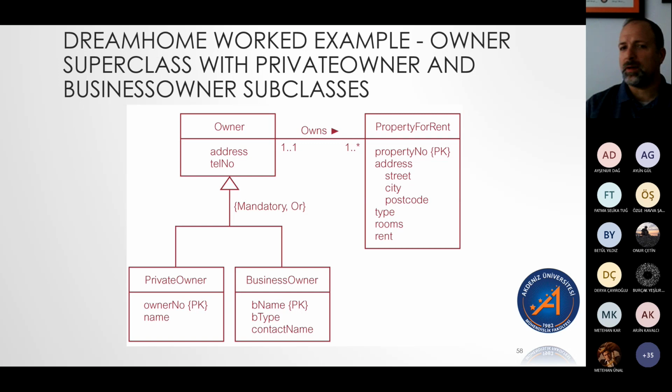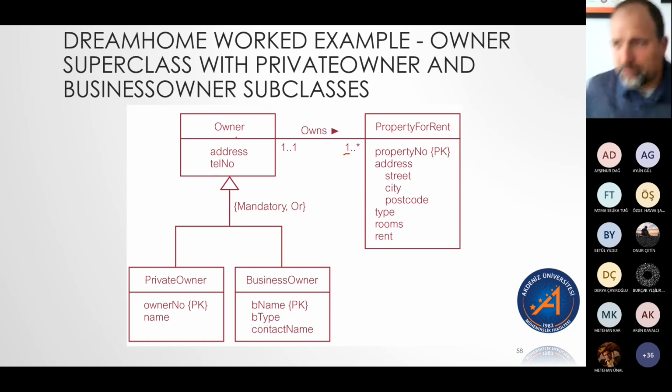Okay, good. Metahan, good. So property must have one and only one owner, and an owner can own one or many properties. This requirement of an owner owning properties probably is a result of us saying, if someone doesn't own any properties, why are we tracking their information? Why are we keeping their information? Okay.